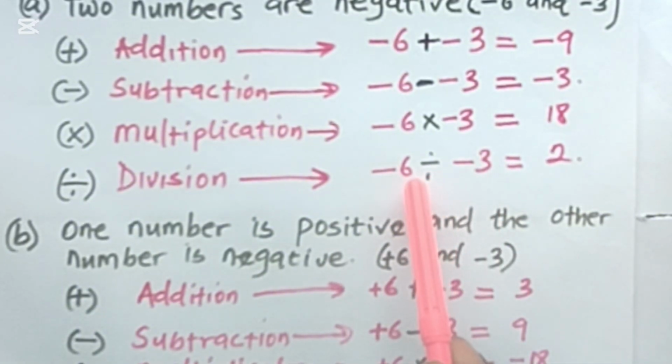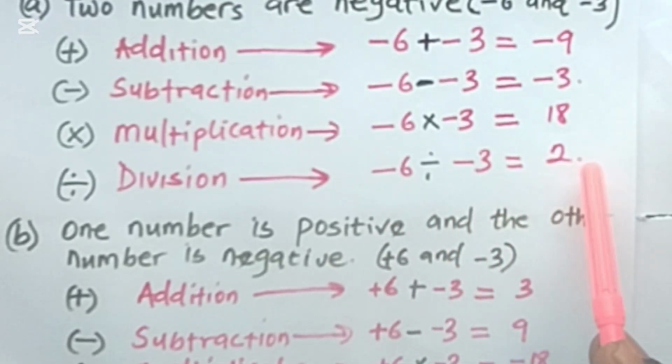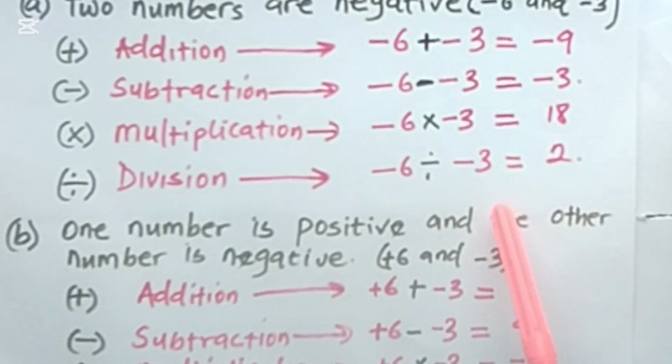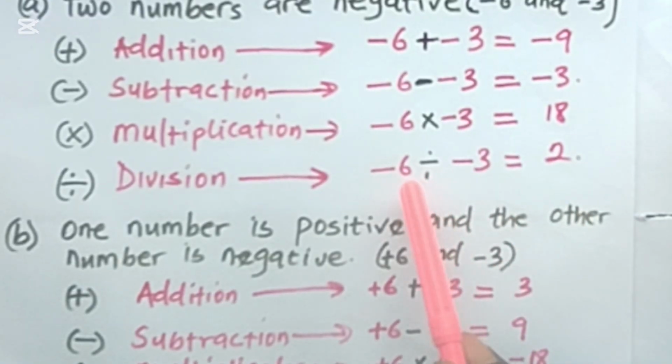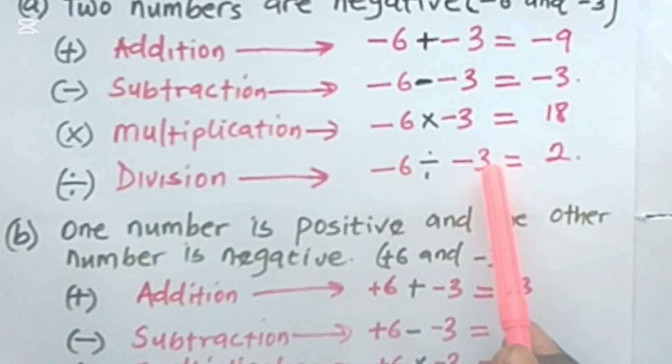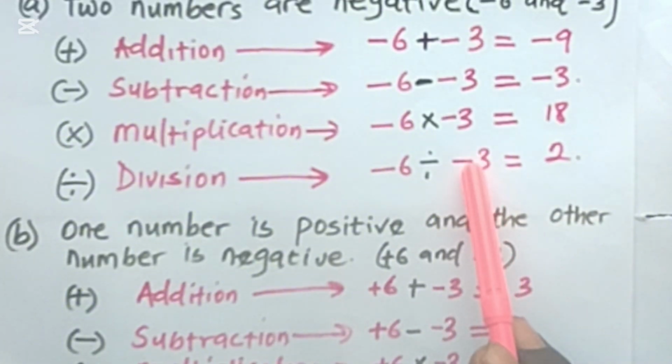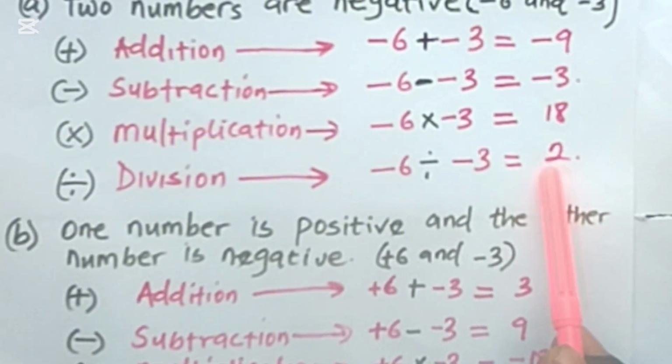You can see that when you divide 6 by 3, your answer is 2. We have written 2 without a sign at the front, indicating that this is positive 2, thereby confirming the fourth rule, which states that when a negative number is being divided by another negative number, the answer is positive.